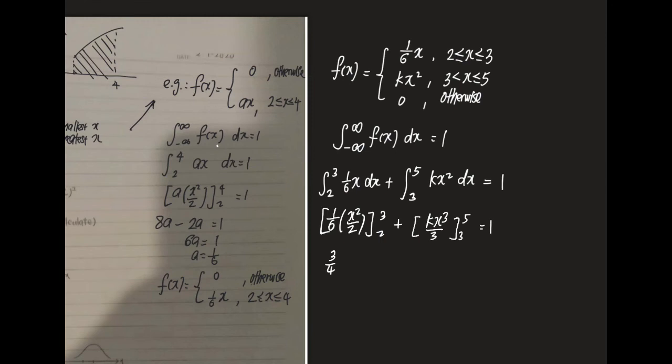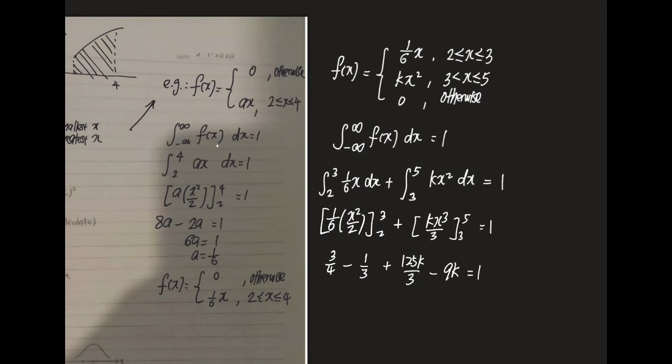Okay, minus, substitute 2 into x, 2 squared, 4 over 2, 2 over 6, 1 over 3. Substitute 5 into x, 125k over 3. Substitute 3, 27 over 3, 9k, equal to 1.